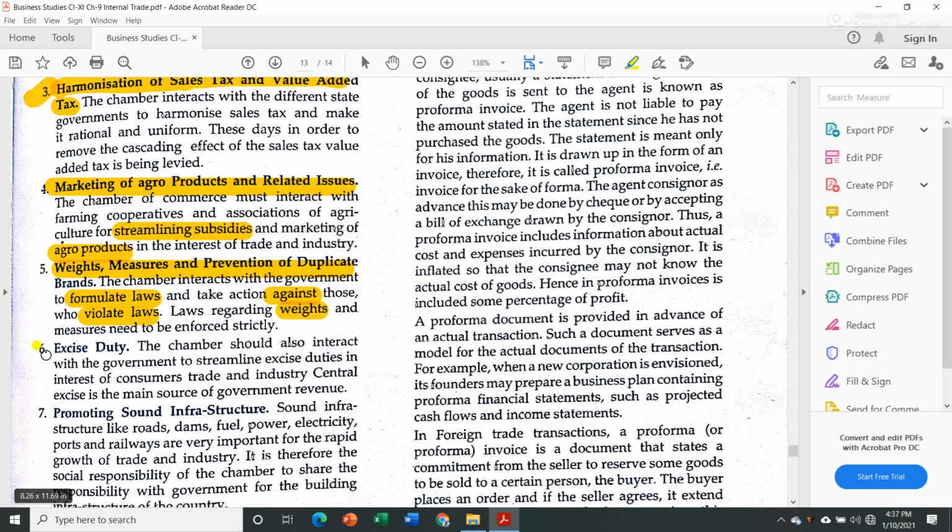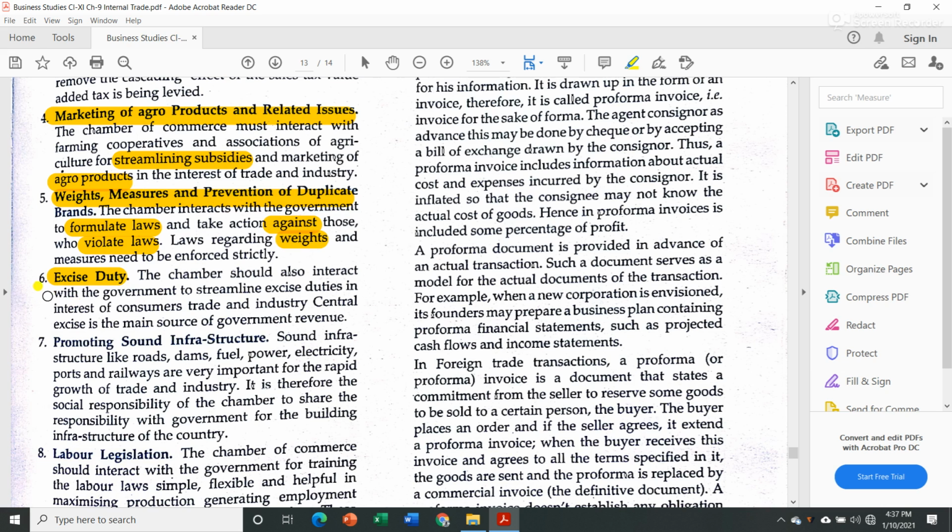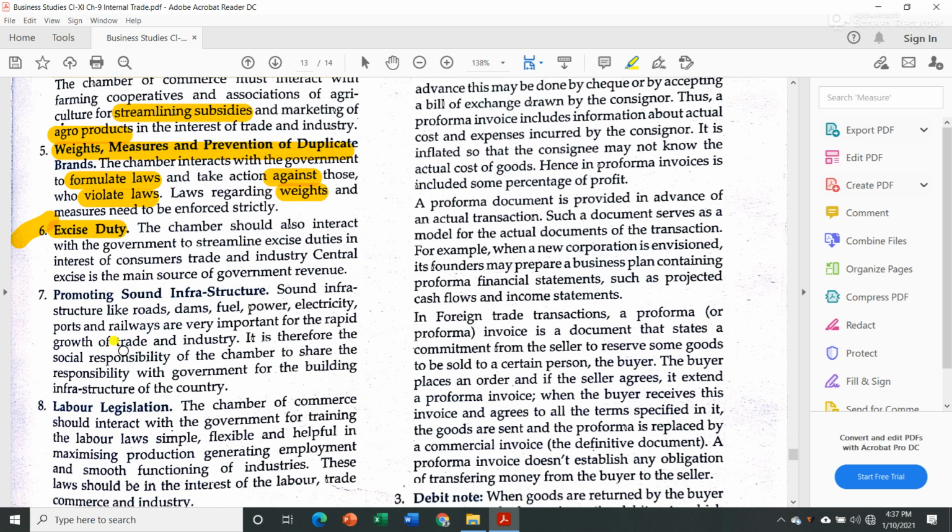Then next is excise duty. Again, with the coming of GST, excise duty is not there, so you can just skip this point. Then next is promoting sound infrastructure. Sound infrastructure like roads, dams, fuel, power, electricity, ports and railways are very important for the rapid growth of trade and industry. Without this infrastructure, a business cannot flourish.